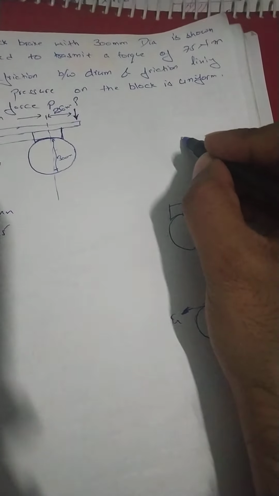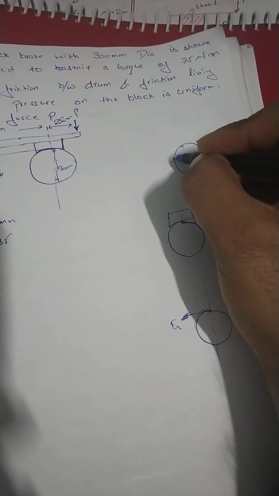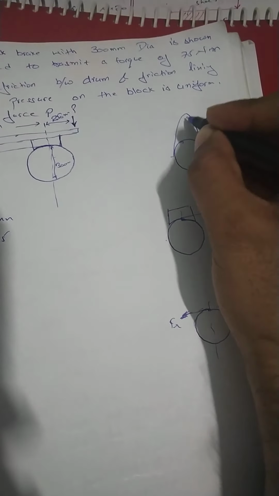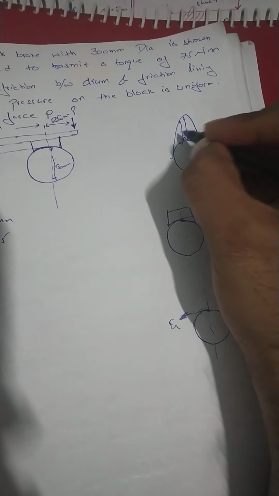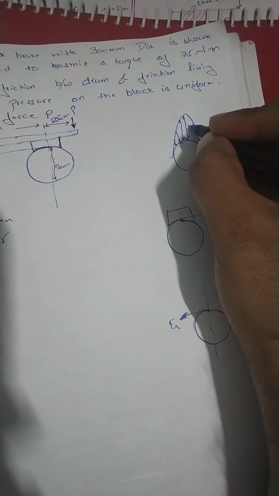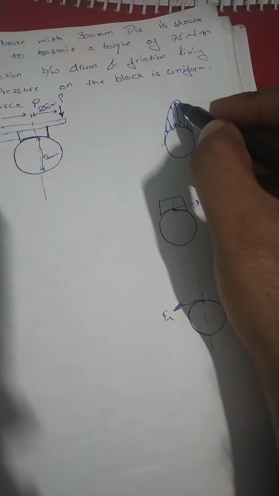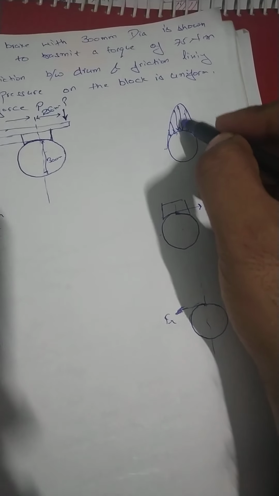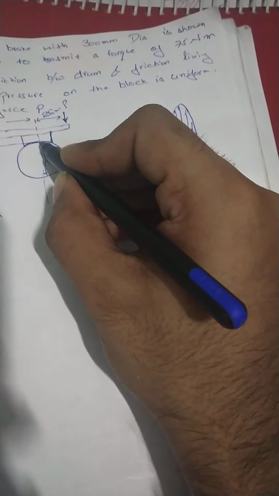Now, one more thing: the distribution of force is like this. In the center there will be a maximum pressure, and it spreads toward the outside with decrement. So the maximum pressure force is at the center, and we have to design considering the center point.